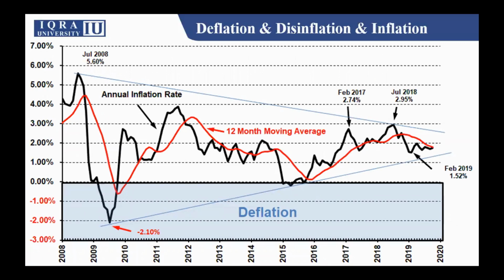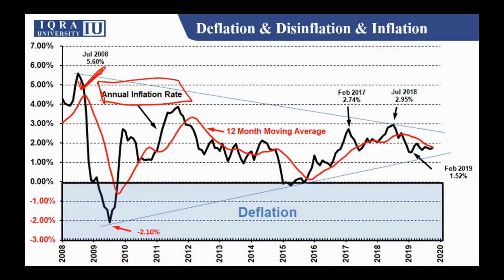Here we have taken a graph. Usually the graphical presentation is taken from the website of FRED. Here you can see on your screen, if I slightly highlight it, a black line showing the annual rate of inflation.